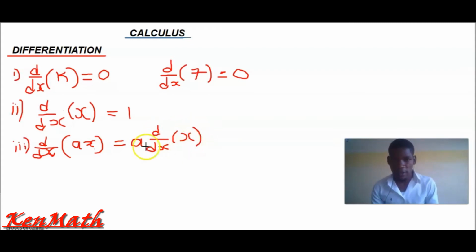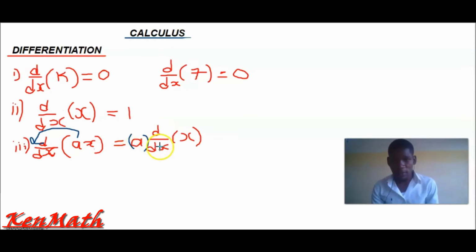The single x will remain there alone. So this a will go in front of this d over dx. That's the a, it will go in front there.